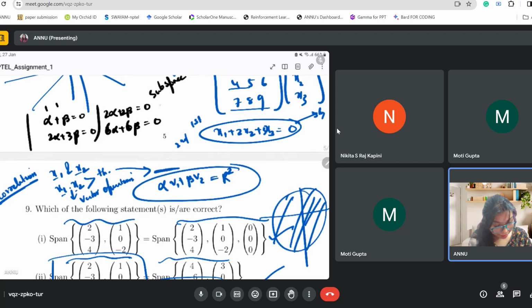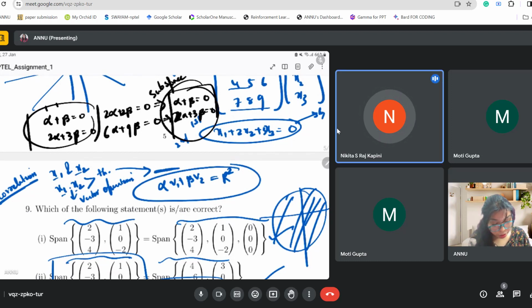So if you write this, how can you write? This is alpha plus beta equals 0. You can write this 2, this is 4, 6, 3, 3, 9. This should be 9. This should be 2 alpha plus 3 beta equals 0. So basically this one and this one are the same, right?